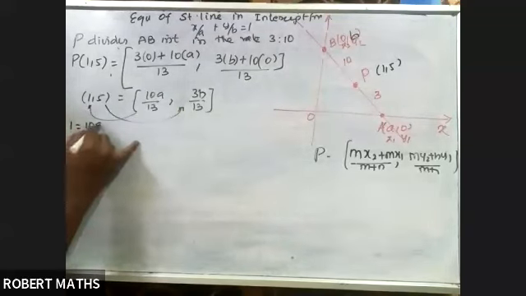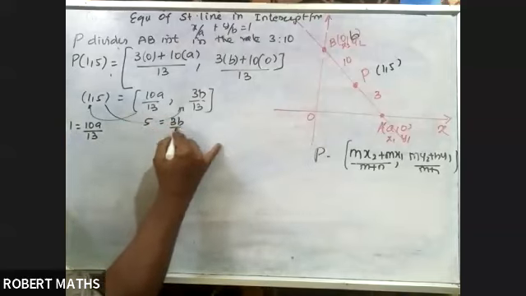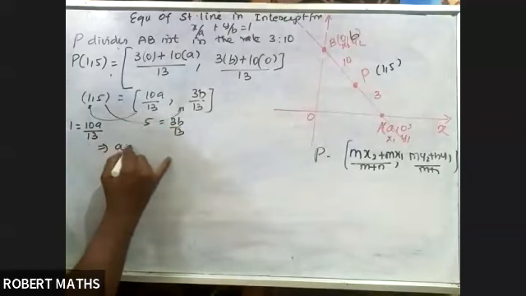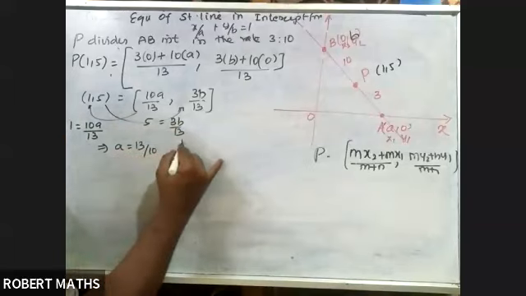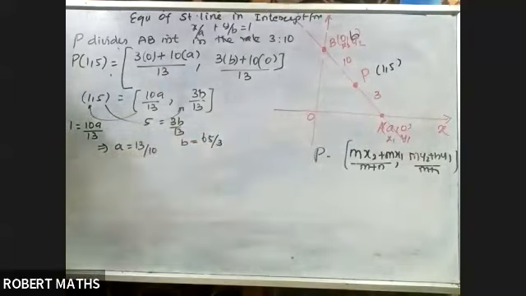Comparing, we'll get 1 equals 10a by 13 and 5 equals 3b by 13. From this, we'll get a equals 13 by 10 and b equals 13 into 5, that is 65, divided by 3. Now substitute in your equation number 1.